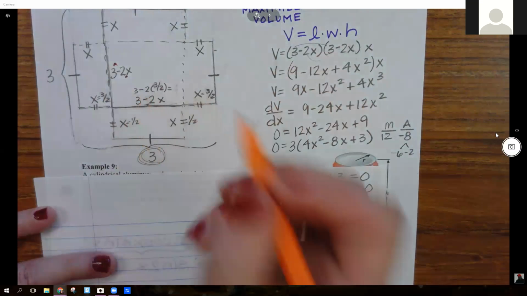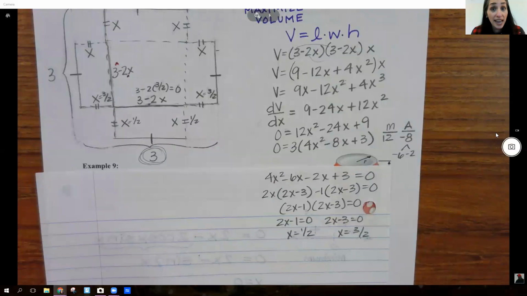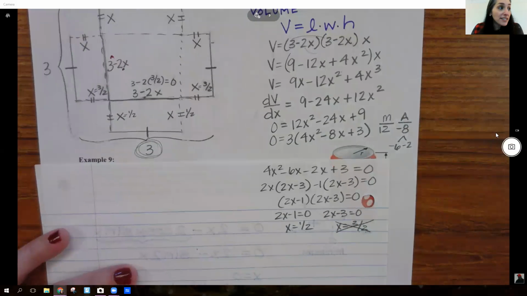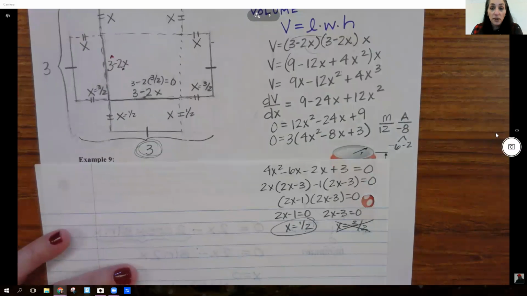That's 0. So that's not going to work, right? Because we can't have a length of 0. We don't have a box anymore. You got more like an envelope, okay? So we have to throw the 3/2 out and only use x equals 1/2, okay?